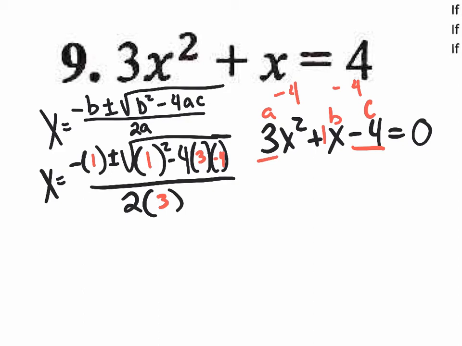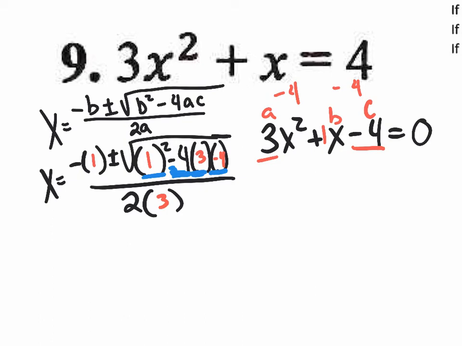Now, whenever you're using the quadratic formula, I recommend always starting with the discriminant, which is the value inside the square root. So we have 1 squared, that's just 1. And then we have negative 4, I'm including that negative sign. So negative 4 times 3 is negative 12, times negative 4 is positive 48.